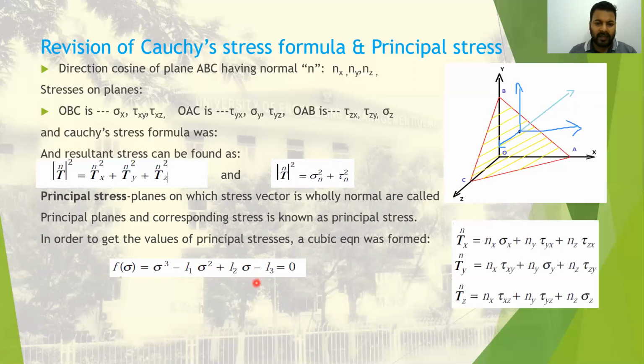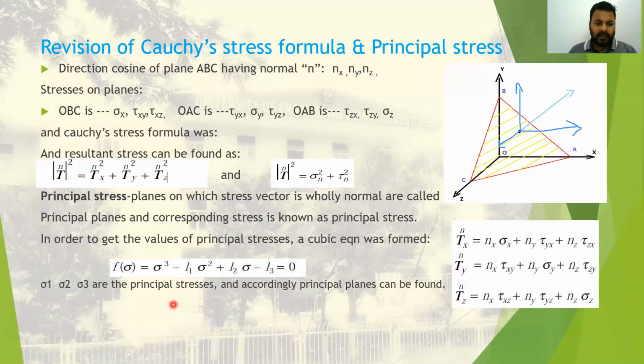And also a standard method to find the roots of this cubic equation was suggested. The roots of the cubic equation are sigma 1, sigma 2, and sigma 3, and these are known as principal stresses. Once the roots are found, the principal planes can be found with the help of some linear equations.